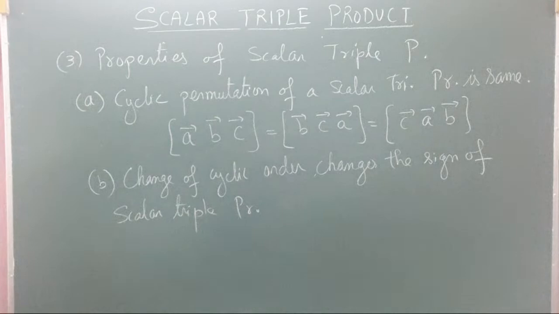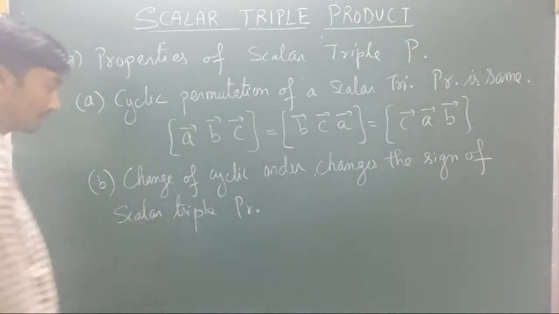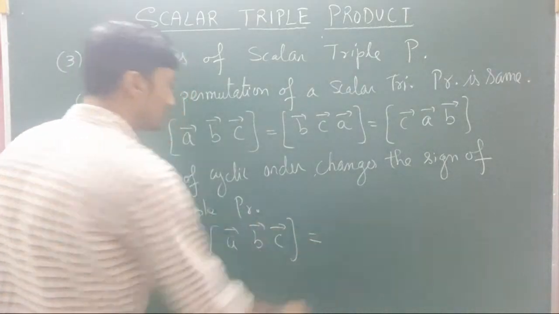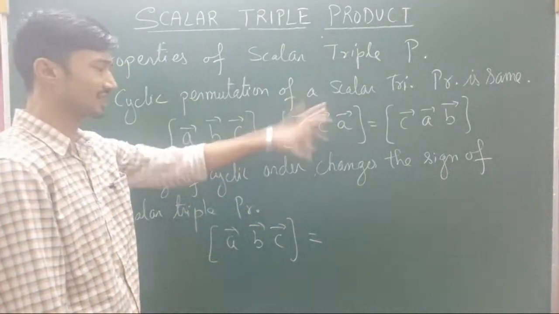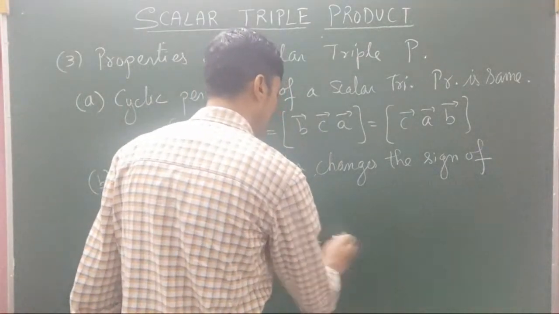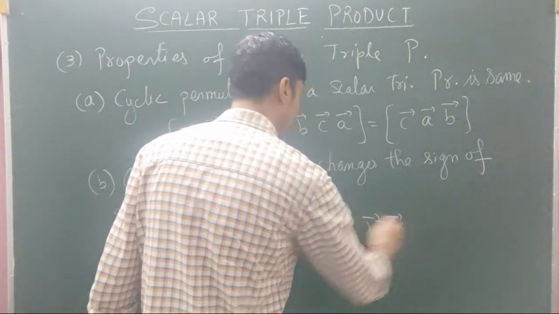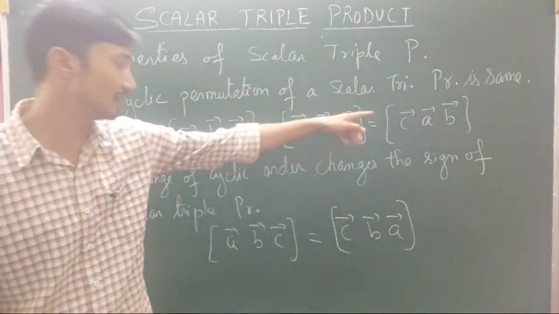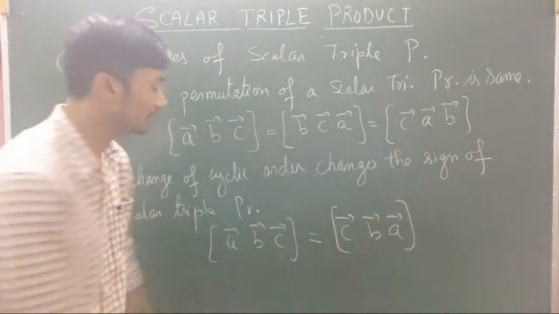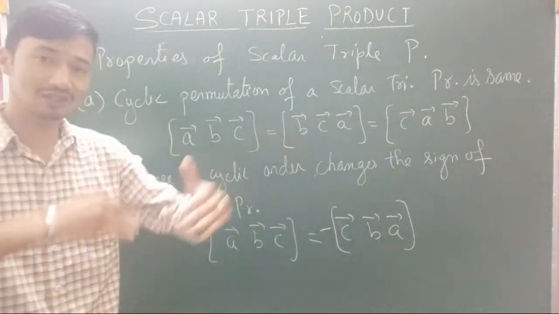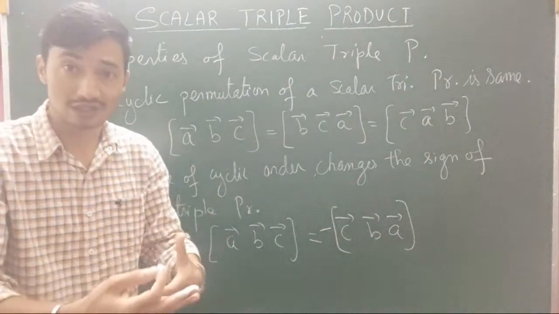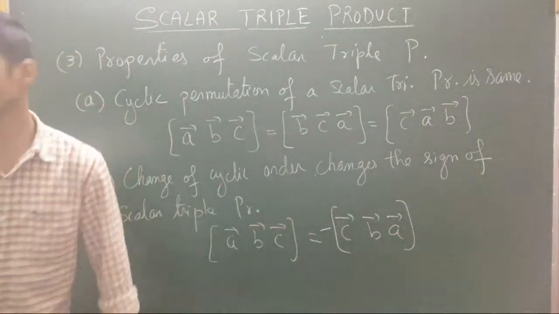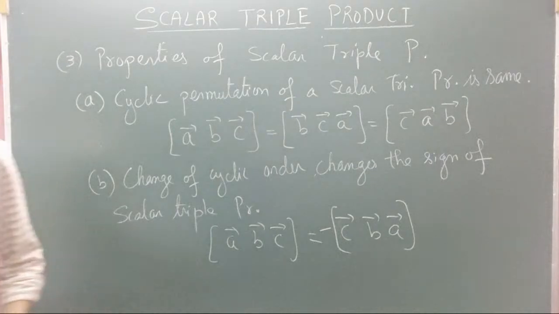In just one example, ABC will be equal to, now instead of BCA, if I just change it randomly, like CBA, you know that this is not cyclic, isn't it? Because if it has to be cyclic, then it has to be BCA, CAB, but I just changed it as CBA. Then in that case, just like determinants, if we exchange one row and one column, we know that the sign changes, isn't it? So most of the properties are from determinants only here. So there will be a sign change in the value of the scalar triple product.